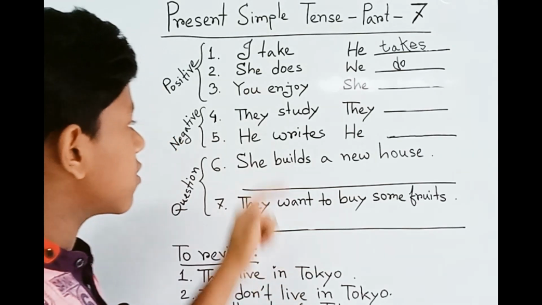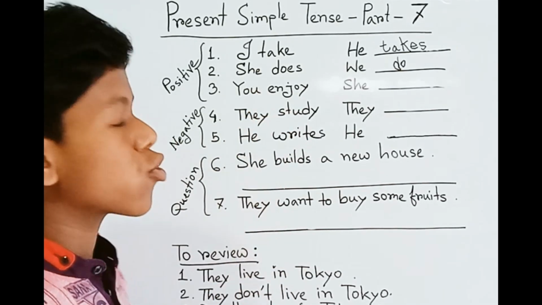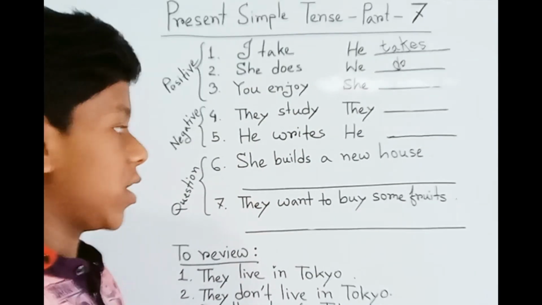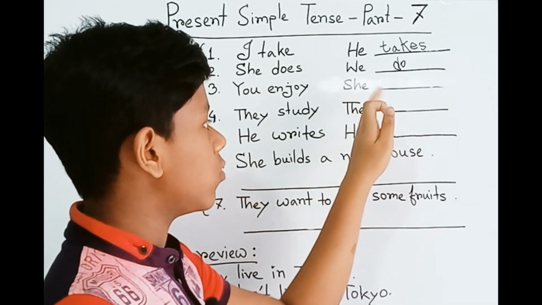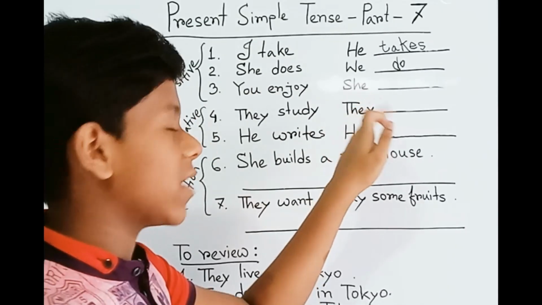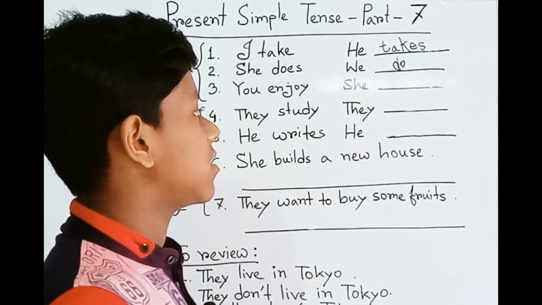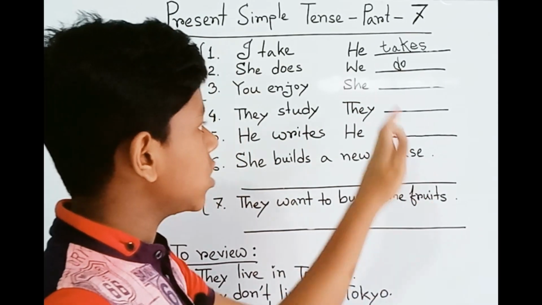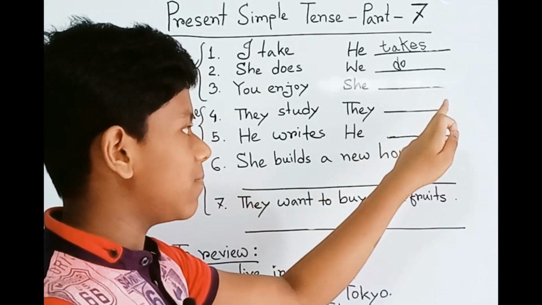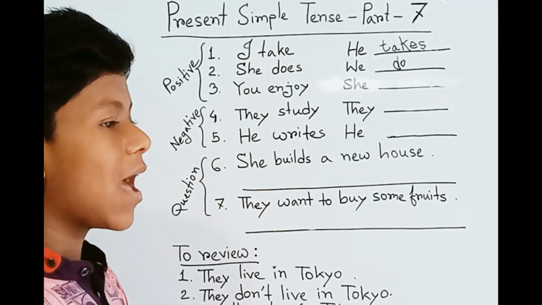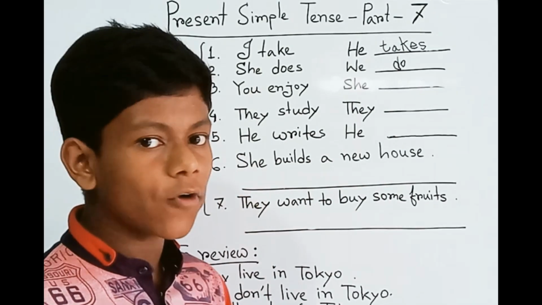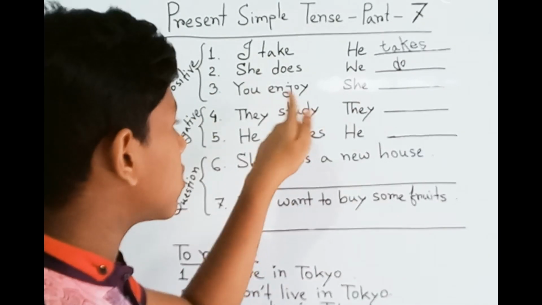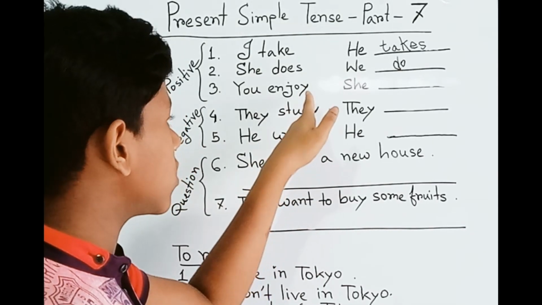And then next we are watching "you enjoy", but in this fill in the blank we are watching "she blank". It will be "she enjoys". She is third person singular. After the blank, we have to add the s after the verb. But don't forget, we have to see the y, because the last letter is y.